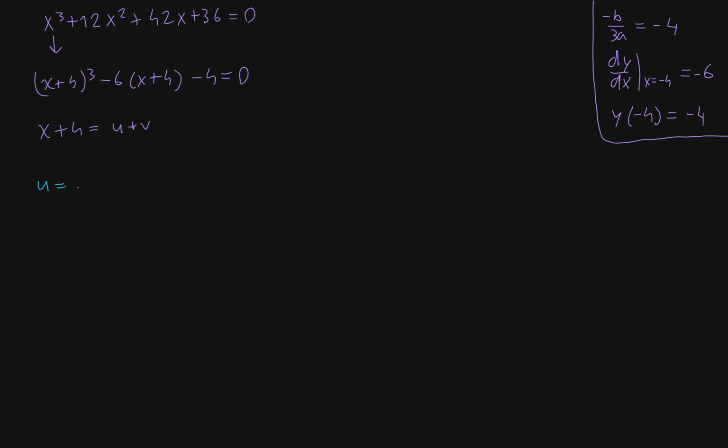So u is going to be the cube root, again simplified, of 2 plus square root of negative 4, and so u is just going to be equal to the cube root of, this is going to factor to 2 and then i, so 2 plus 2i.